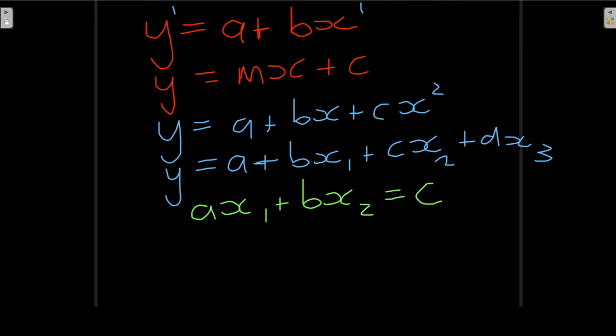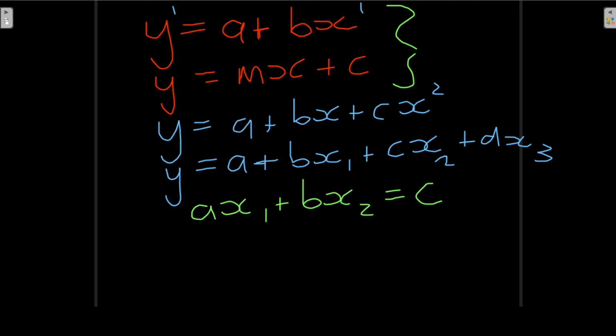So we can rewrite this in the same form like you've done at school. Here my x2 plays the same role as my y, so that will represent my vertical axis, and my x1 will represent my horizontal axis. So I can write this in the same form that you are used to.